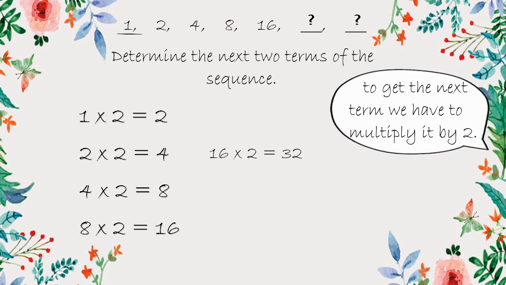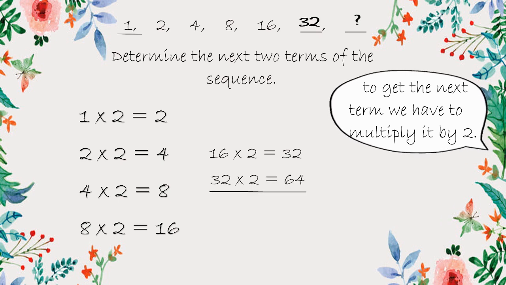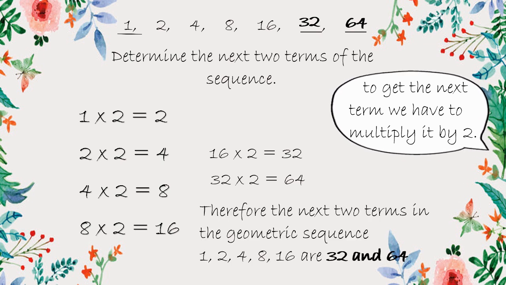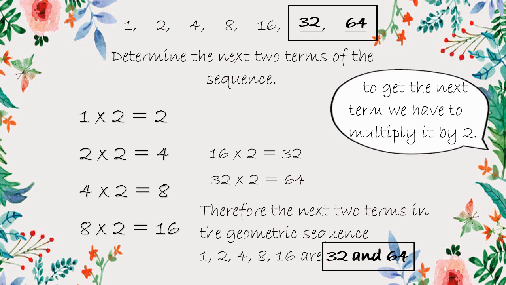So it follows that 16 multiplied by 2 is equal to 32, and 32 times 2 is equal to 64. Therefore, the next two terms in the geometric sequence 1, 2, 4, 8, and 16 are 32 and 64.